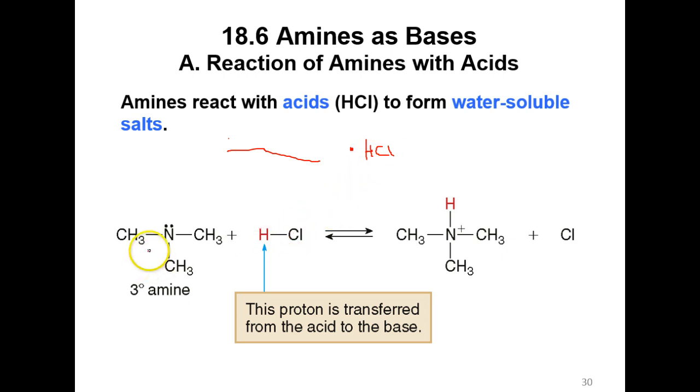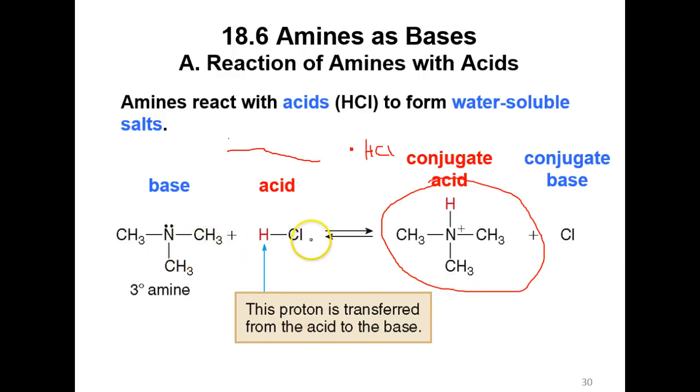That just implies that there's a nitrogen on the molecule and it's been added to HCl to form the ammonium ion, and this is now ionic, it's polar, it's water soluble. So you can take this in pill form and it goes inside your stomach, where you have a lot of water, and it ionizes and gets absorbed into the body. So it helps in the absorption of these compounds.